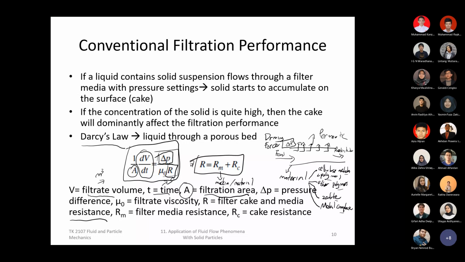So when you buy a membrane, see what's the pore size and the permeability, because that tells you about the resistance of the media itself. And the second one must be affected by the resistance of the cake itself, so of course it will be affected by the solid fraction or solid amount inside the feed. So see what the properties of the feed or the slurry or the sludge are.